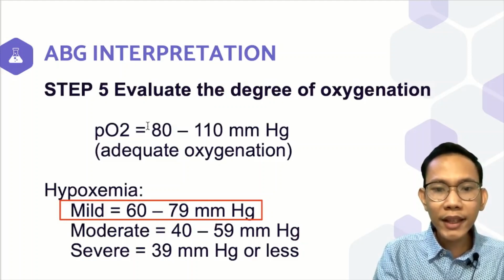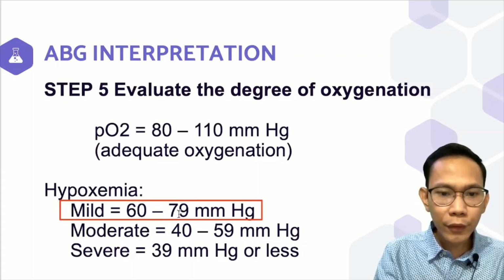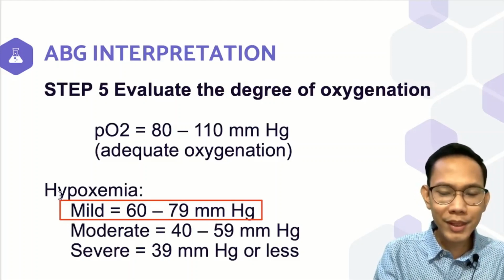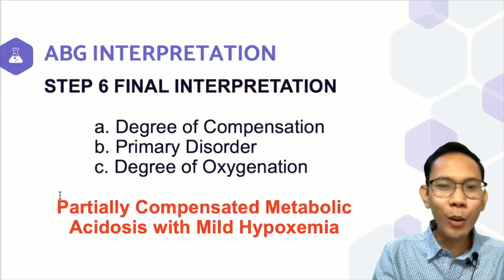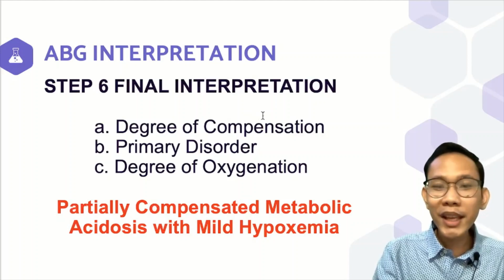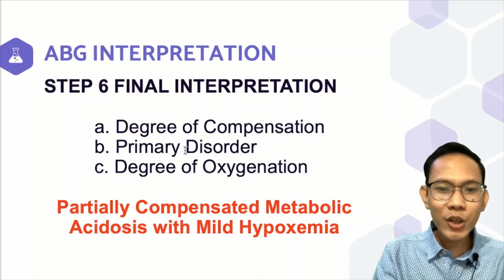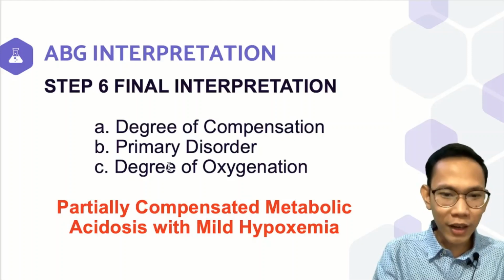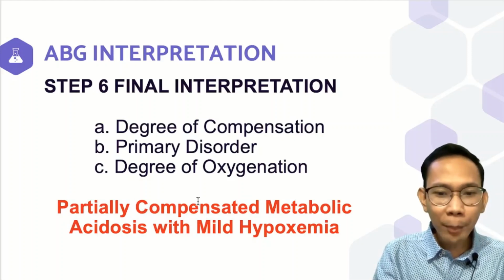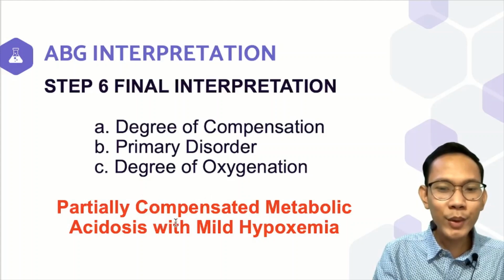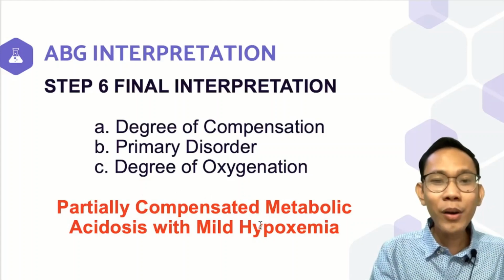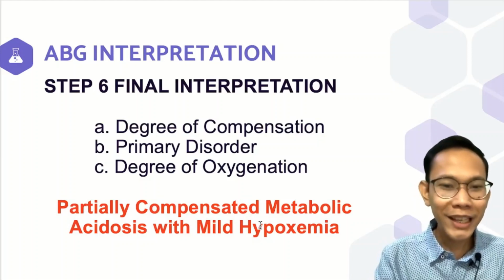Sa patient natin, it's 78%. So therefore, nandito na range ng mild hypoxemia. So therefore, it is mild hypoxemia. And lastly, for our final interpretation, it's based on the degree of compensation, primary disorder, degree of oxygenation. So therefore, it's gonna be partially compensated metabolic acidosis with mild hypoxemia. That is how we are going to interpret our ABG.